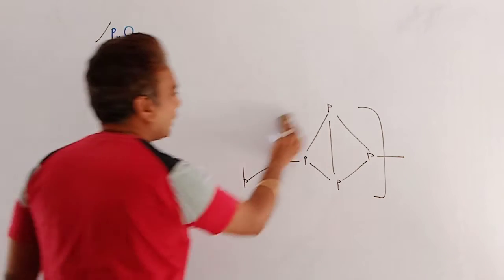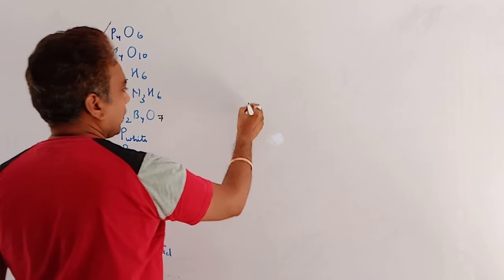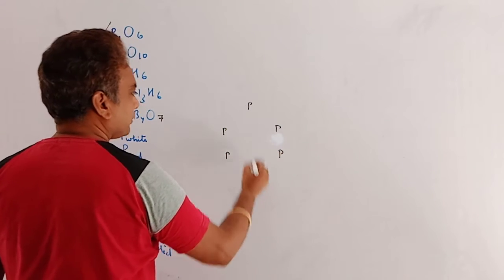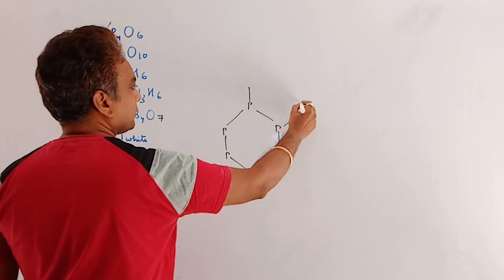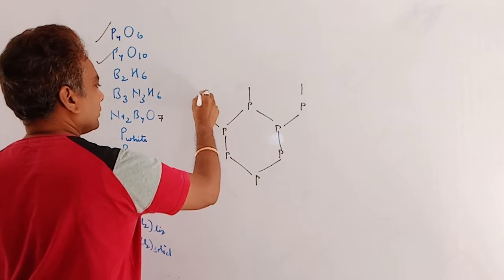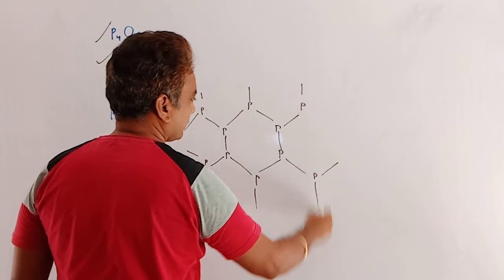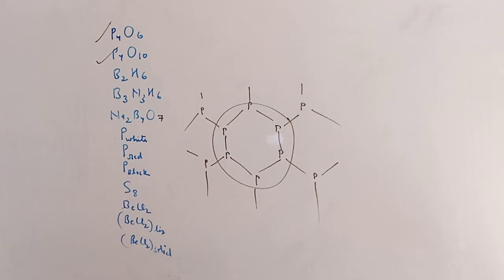Next, P black, which is the sheet structure like this, hexagon units. This is the P black, hexagon units repeated in sequential manner.